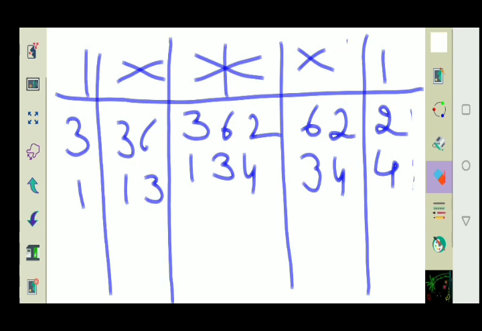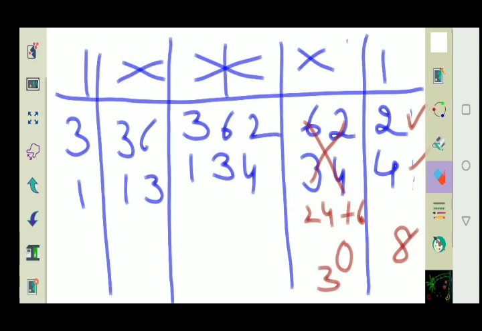Now first is the set of diagonal numbers. We will multiply 2 and 4. 4 2s are 8. Then just like 2-digit numbers, we will multiply diagonal numbers and add them up. So you will be getting 6 4s are 24 plus 3 2s are 6, so you will be getting 30 here.